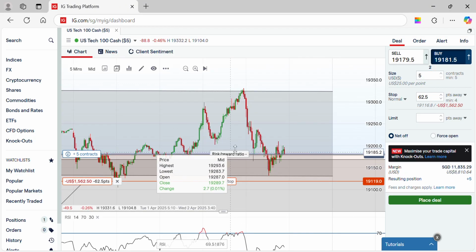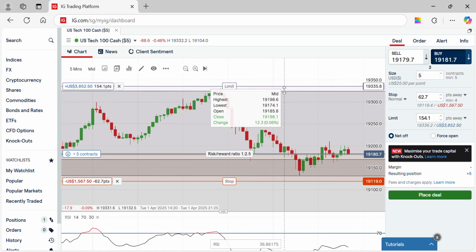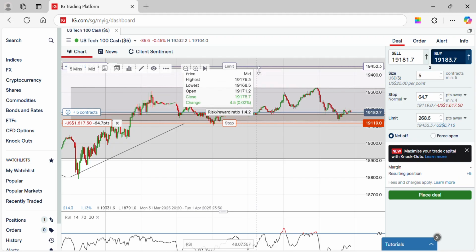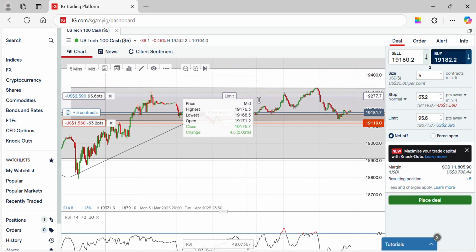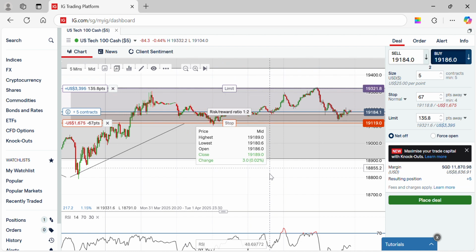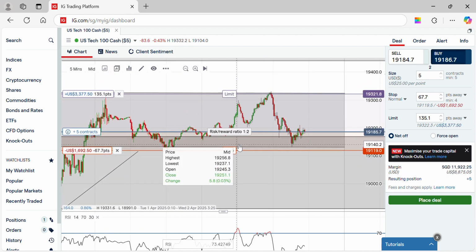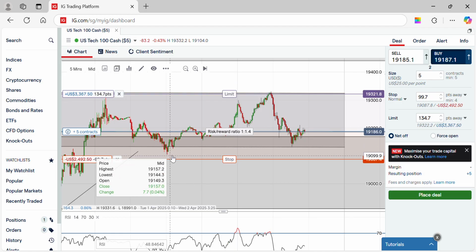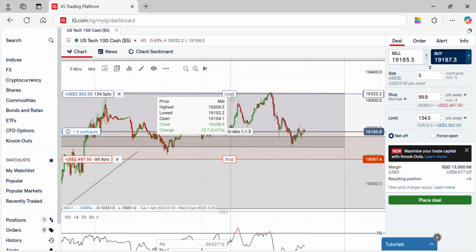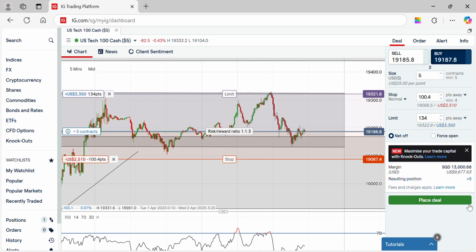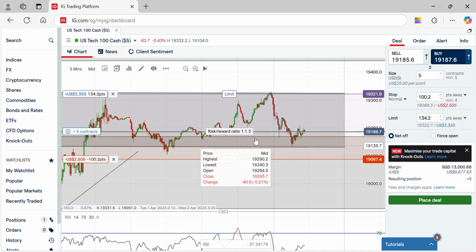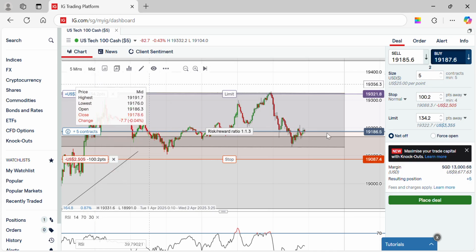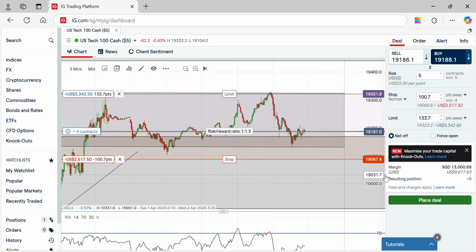And then my take profit, let's be a bit more conservative. Maybe we just take profit slightly above this. So you can see my stop loss will be slightly below here, below the last support level, and then my take profit will be the top of this channel to be conservative, right? Yep. So you're risking around $2,000 plus to make $3,000 plus, which is a good risk to reward ratio.